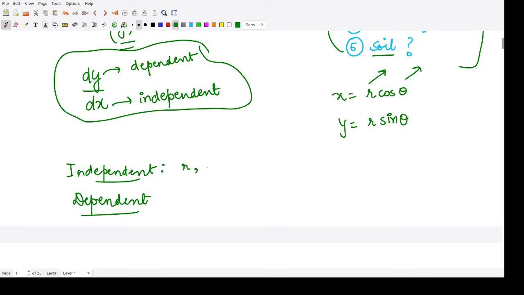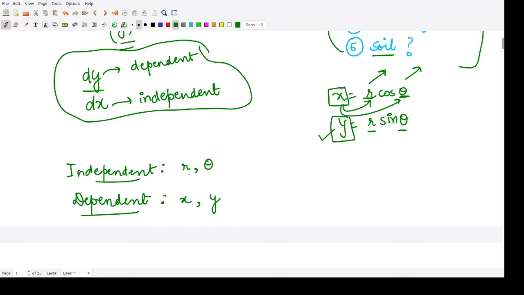And the dependent variables are x and y. Why? Because x and y depend upon the values of r and theta. Whenever you change r and theta, x and y both are going to change. So these are the dependent variables, these are the independent variables.